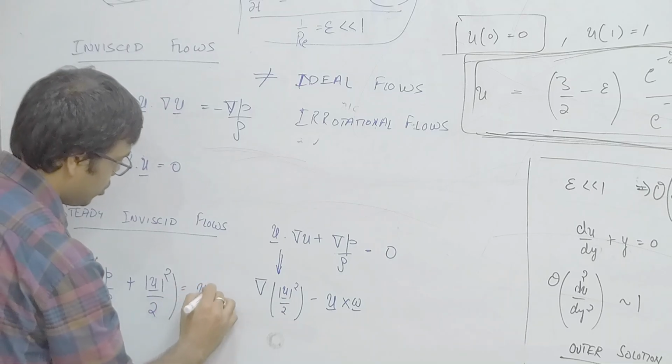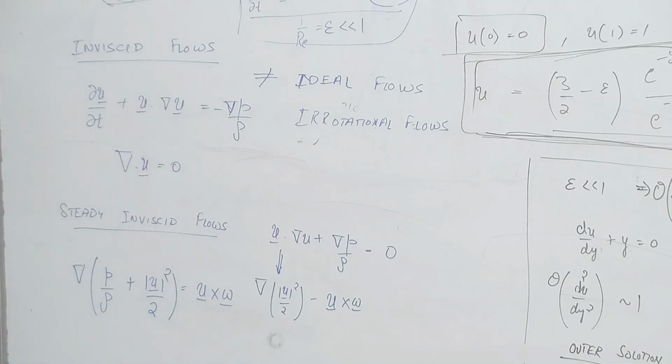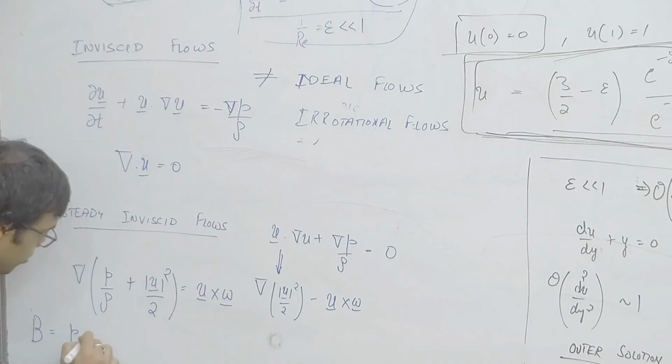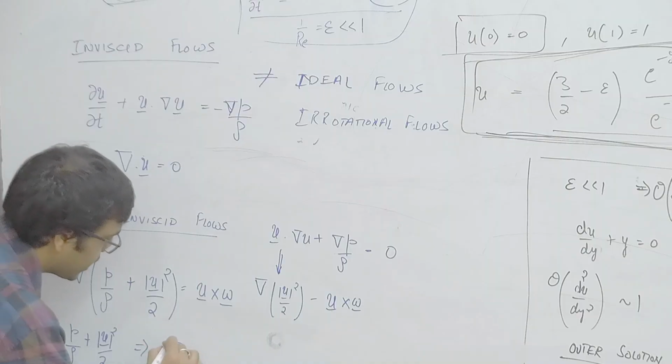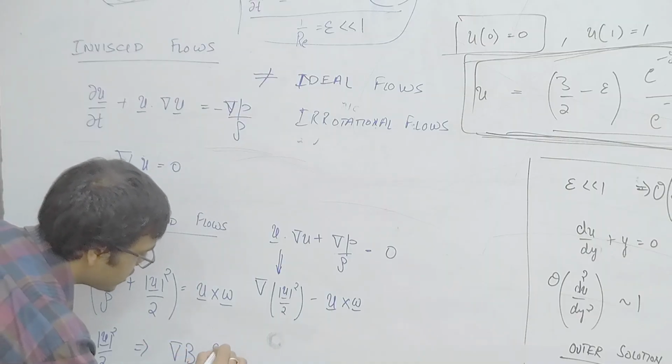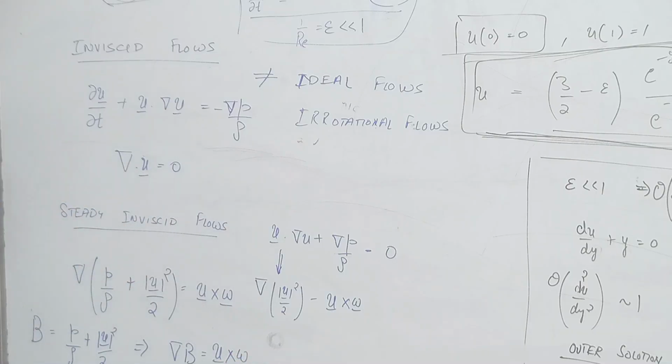Equals u cross omega. Okay. Now if I define a function b which is p by rho plus mod u square by 2, then I note that grad of b is u cross omega.